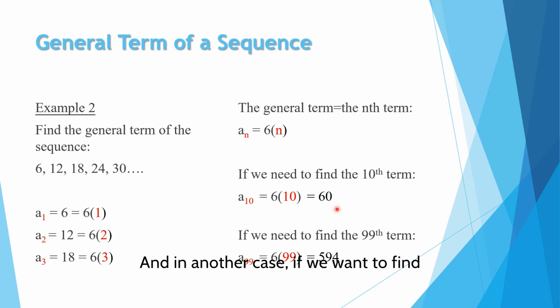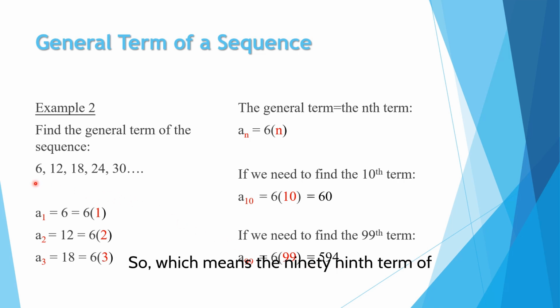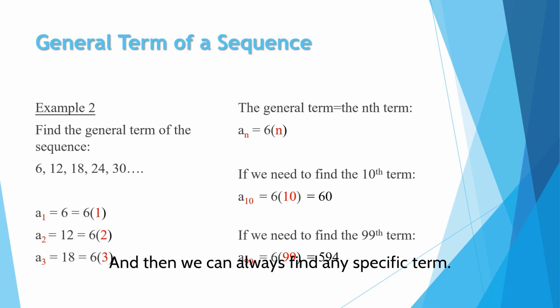And in another case, if we want to find a bigger number, the 99th term, then we simply substitute 99 into the bracket. 6 times 99 is 594. Which means the 99th term of this sequence is 594. That's it. That's why it is more convenient to find a general term first, and then we can always find any specific term.